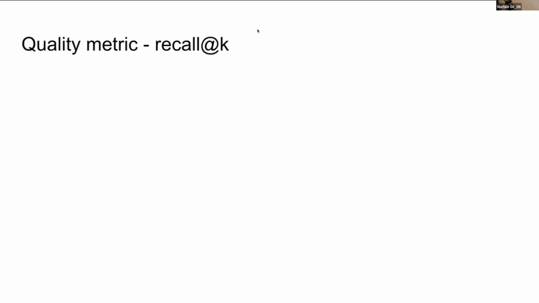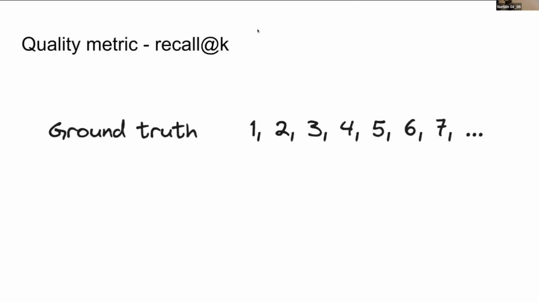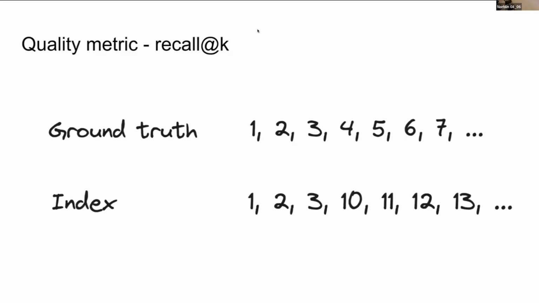So that is our goal. And to quantify this resemblance to exact search, we can use a quality metric. It is called recall at k. The idea is that we will have a query, and we will perform this query against the exact index. And it will return some results. For example, these are the vector IDs that the query returned. And we will do the same for the index that we are evaluating.